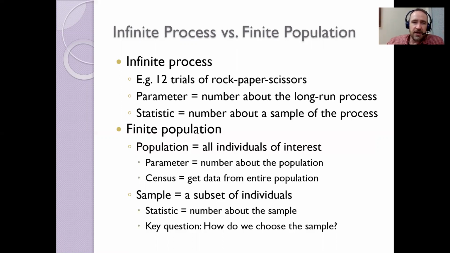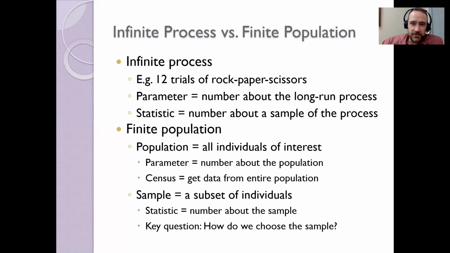We have a parallel kind of scenario, even when we don't have an infinite setting, when we're talking about a finite population. So we use the word population in statistics to mean all individuals of interest. So for example, you might be interested in all the students at our college, or all the people in our country, or all the people in your hometown, or all the squirrels in East Tennessee, something like that.